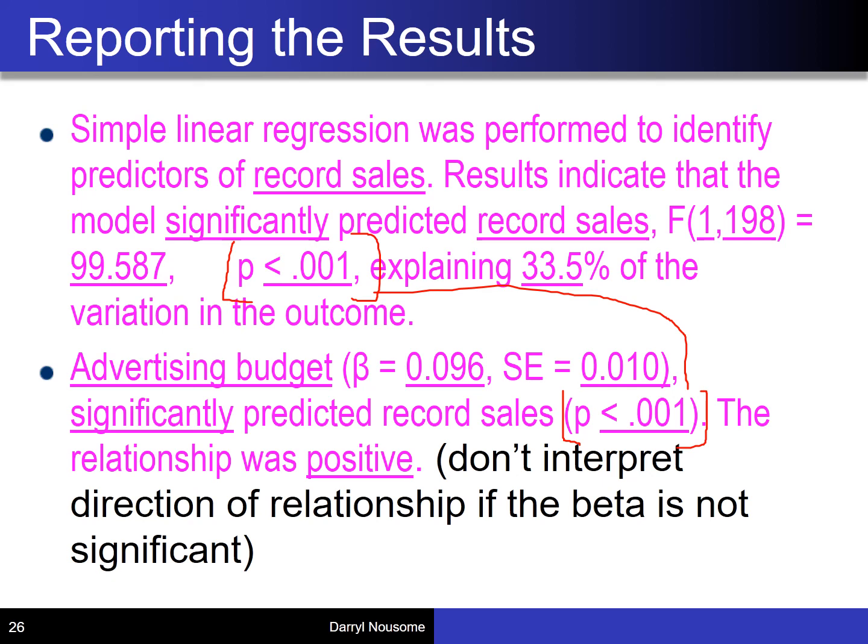There won't ever be an instance where you fail to reject it here and reject it there, and you'd have to make some weird conclusion. There's no such thing. So those things will always be pretty much the same, right? Your conclusions about whether to reject the null hypothesis will always be the same for both the ANOVA table and for your individual parameters.